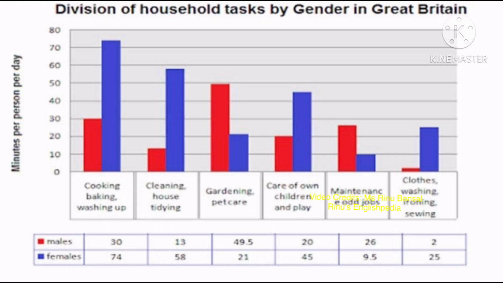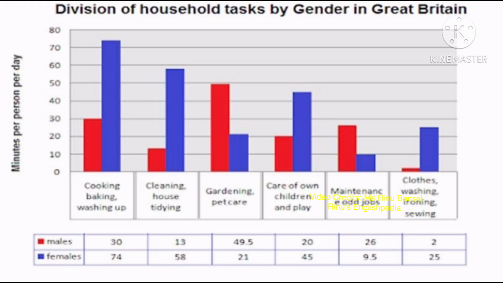The bar graph in red shows the work done by the males, while the bar graph in blue shows the work done by the females. We can very clearly see that the maximum participation of males is in tasks like gardening and pet care, while their minimum contribution is in tasks like clothes washing, ironing, and sewing.